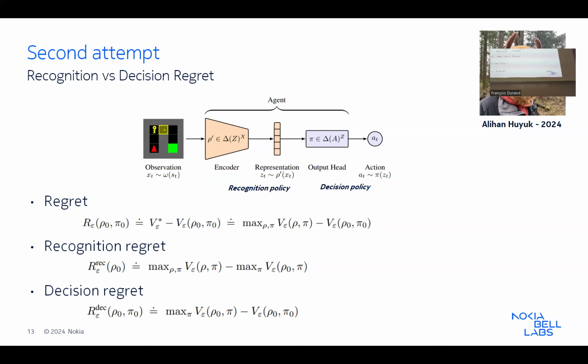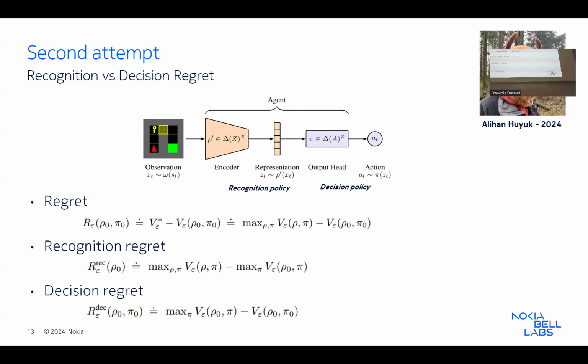We're going to use big R for regret here. We're going to use rho and pi for RL policy. So rho is going to be the output of the encoder, the representation of our state, and pi is going to represent the decision taken on that representation.